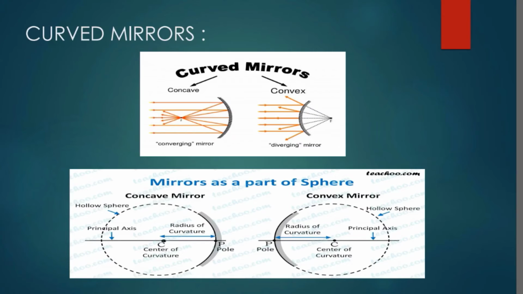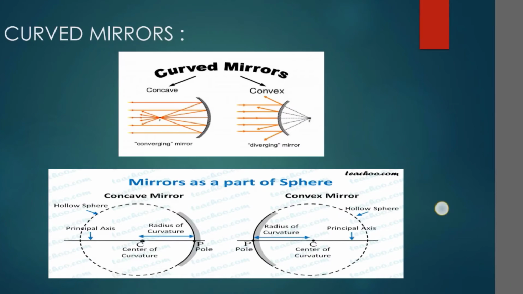Concave and convex mirrors are small parts taken for our assumption, to know the images formed. We take some part of the hollow sphere. As I said earlier, pole, center of curvature, principal axis, radius of curvature, all the terms are denoted here. Next, go to another slide.